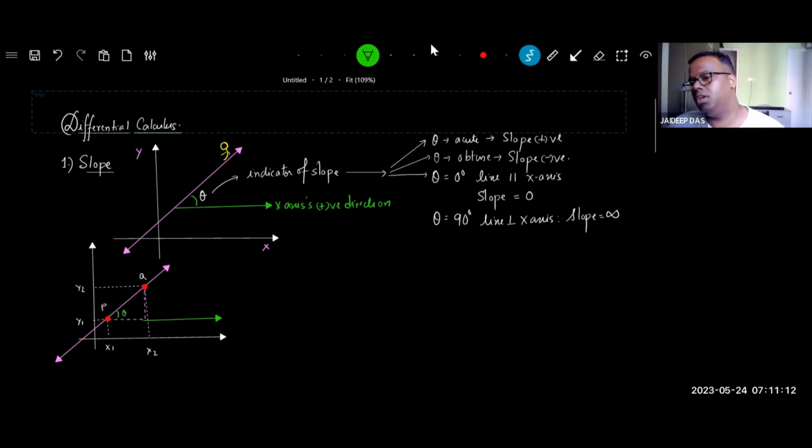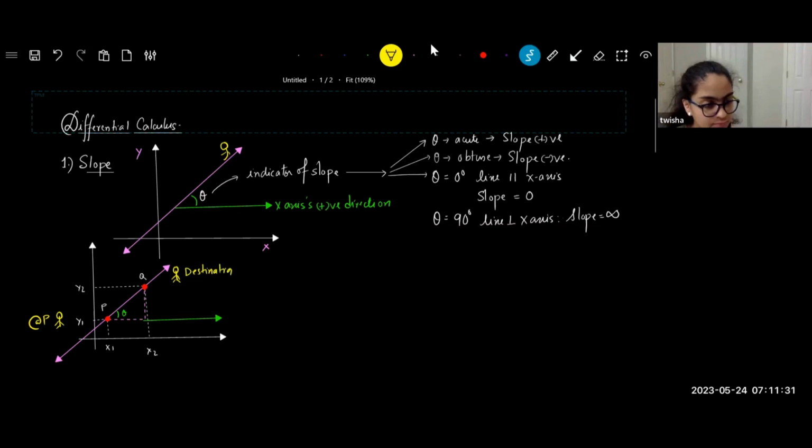So I'm positioning you. You are positioned at P right now. Imagine that you are at P, and you have to reach Q. You have to come here. This is your destination. Destination is Q. And I don't allow you to travel diagonally. You can only travel along the x-axis and you can only travel along the y-axis, right?